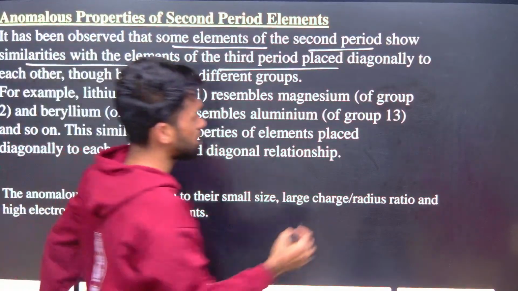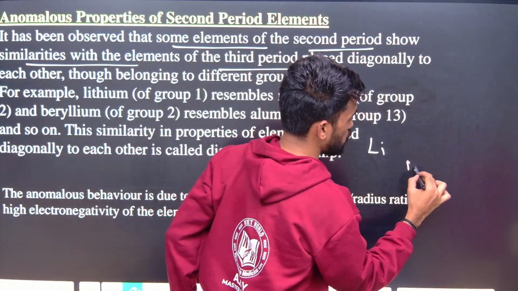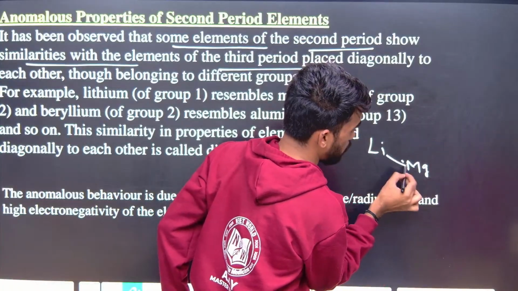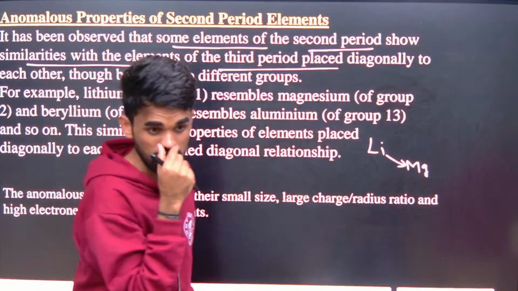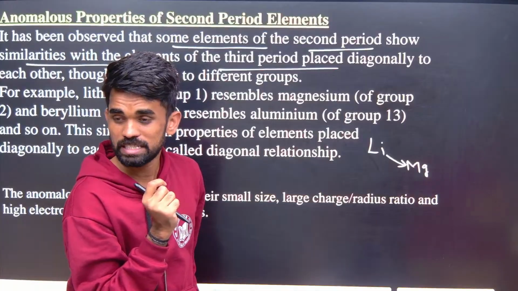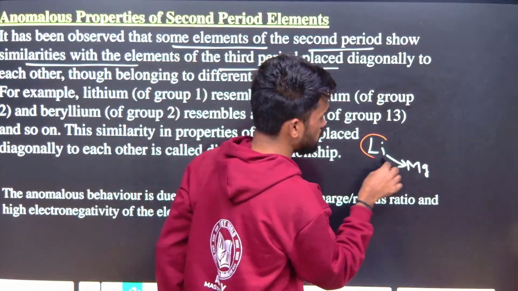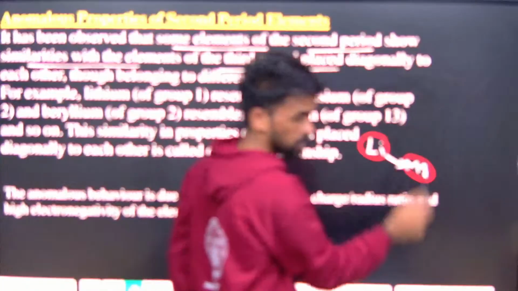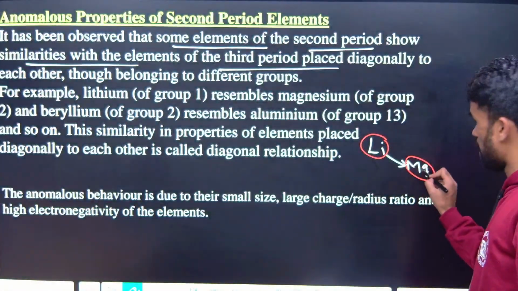Why? Because I told you, like lithium and magnesium, which are diagonally placed, will have similar ionization energies. We discussed that. So due to that reason, the elements which are diagonally placed, their compounds will show similar properties. For example, lithium, magnesium, I have mentioned here.